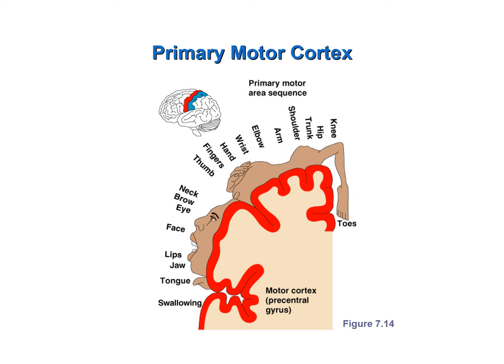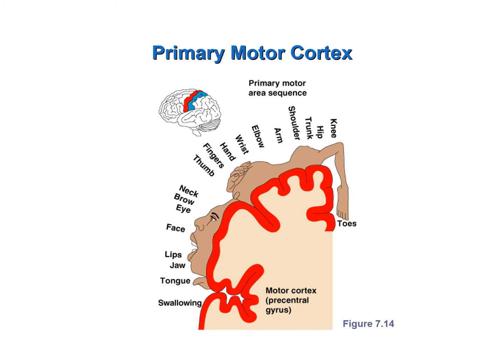And two, some areas of the body are served by large proportions of the primary motor cortex, while others receive motor output from relatively small portions of the primary motor cortex. This reflects the fact that some parts of the body have very fine motor control, while other parts of the body have more coarse motor control.